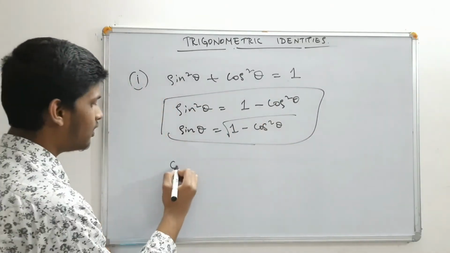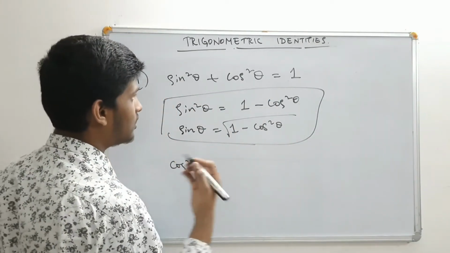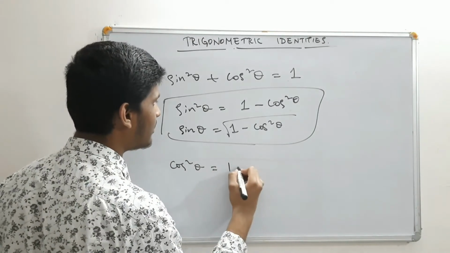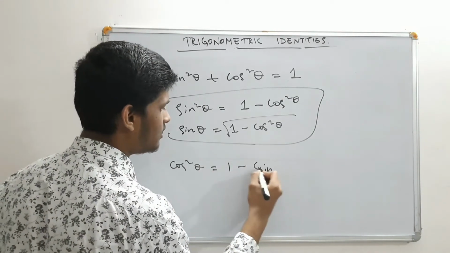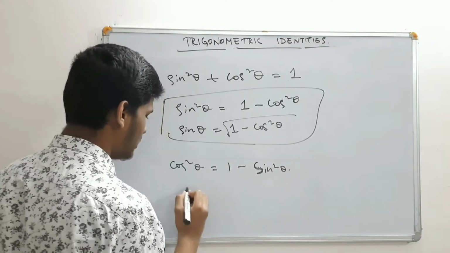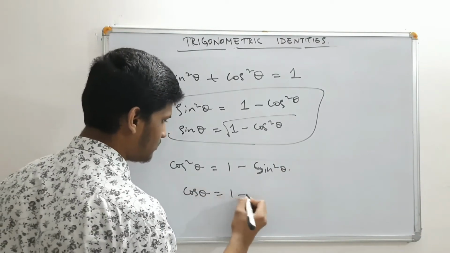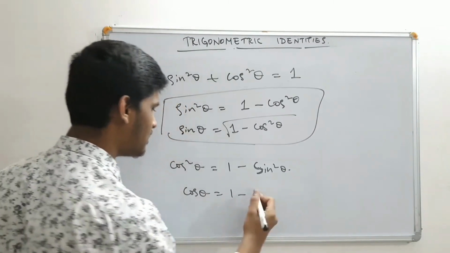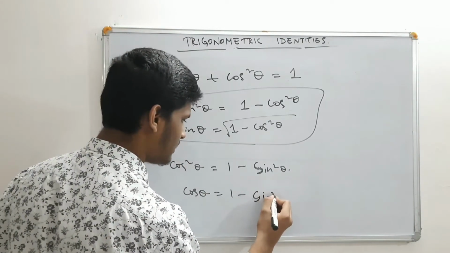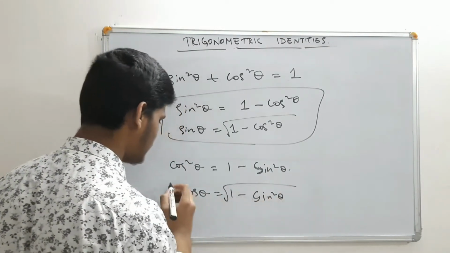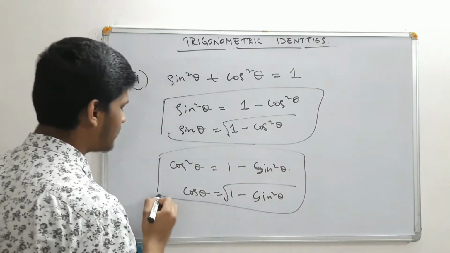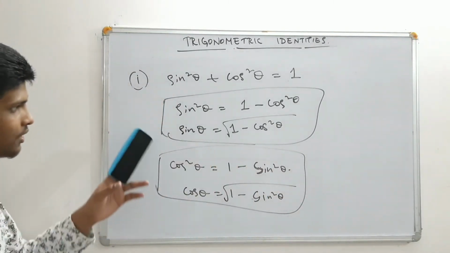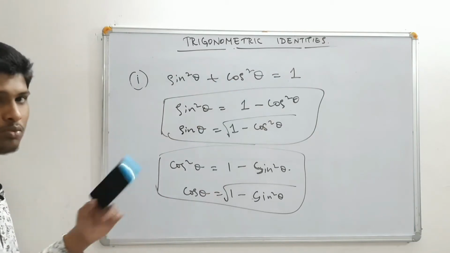And next, if you want cos square theta, cos square theta is 1 minus sin square theta. If you want cos theta, this is the square root of 1 minus sin square theta. So from these we can find both.